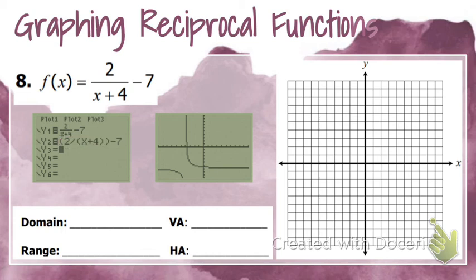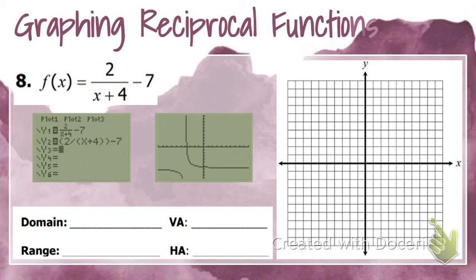So you have to have the fraction in parentheses, but then you also have to tell your calculator that the denominator is not just x, okay? Because without parentheses, your calculator would read this as 2 over x plus 4. But you need to make sure that because you have parentheses, it sees it like this.